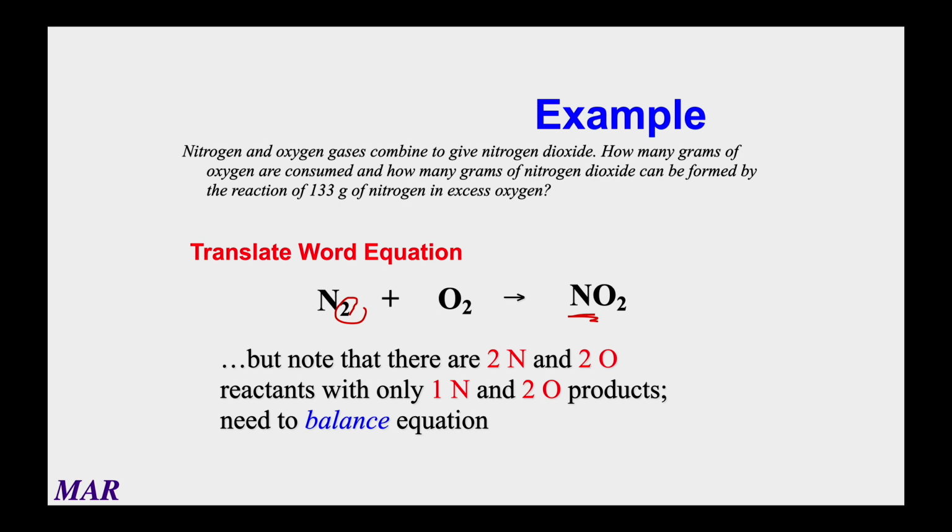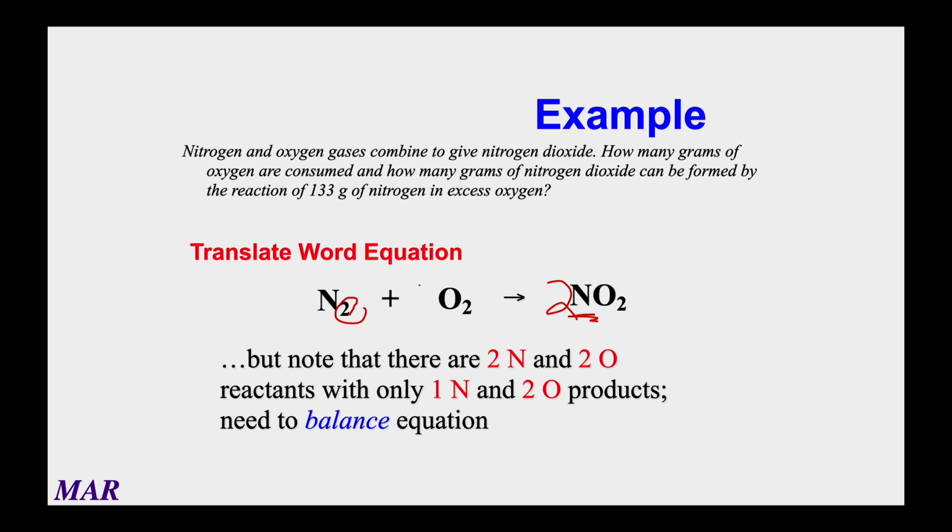So again, what I would do is I would start by putting a 2 right there. Because if you do that, then the N2 on the left has 2 N's on the right, and that's cool. However, on the product side now, you can see that by adding that big 2, we have O2 in NO2, 2 times 2, 4 oxygens, and only 2 oxygens on the reactant side.